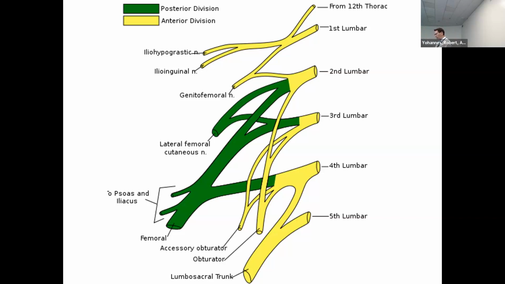So we have the top roots coming from the lumbar, and then we have the lower roots that come from the sacral roots, and in between them, we have what's called the lumbosacral trunk, which we'll get back to in a moment.